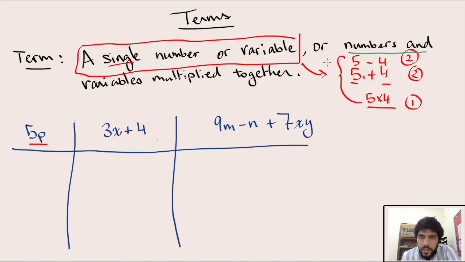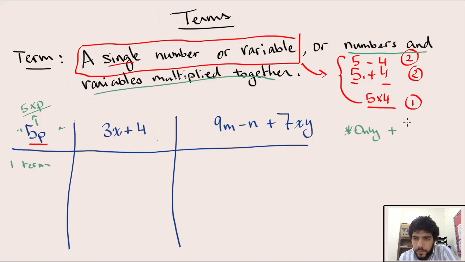This is what we're going to be focused on mostly. So 5p just means 5 times p, right? So this is multiplication, which means that this expression right here has just one term. Why? Because there's no addition or subtraction. Like I said, and I want you to write this down, only addition and subtraction separate terms. Okay? So let's look at the next one.